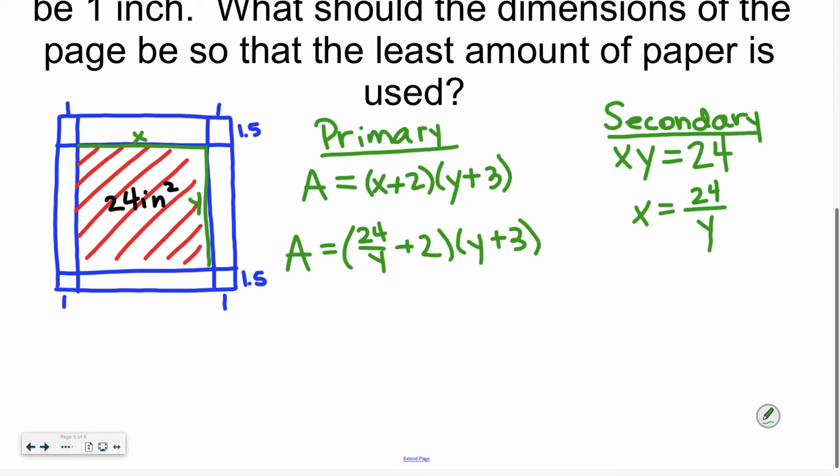Just to see how it's different, let's go ahead and multiply all the way out and then take the derivative. Okay, so help me out with our foiling here. What's 24 over y times y? 24 over y times 3. Is that 72 over y? Yes? No? Okay. Plus 2 times y plus 6.